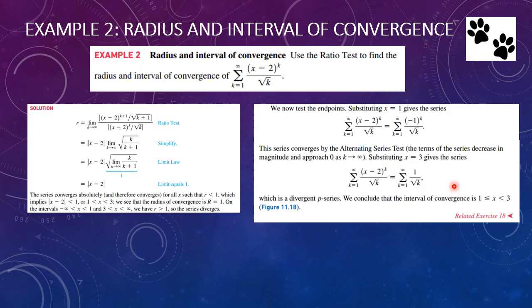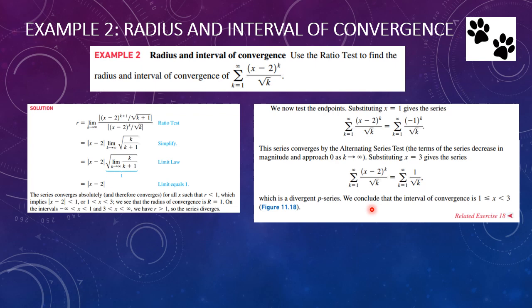Substituting x equals 3, we have a similar situation, actually no, because this is not an alternating series. We have 3 minus 2, which is 1 to the k, which of course is 1 over the square root of k, and this is of course the divergent p-series.